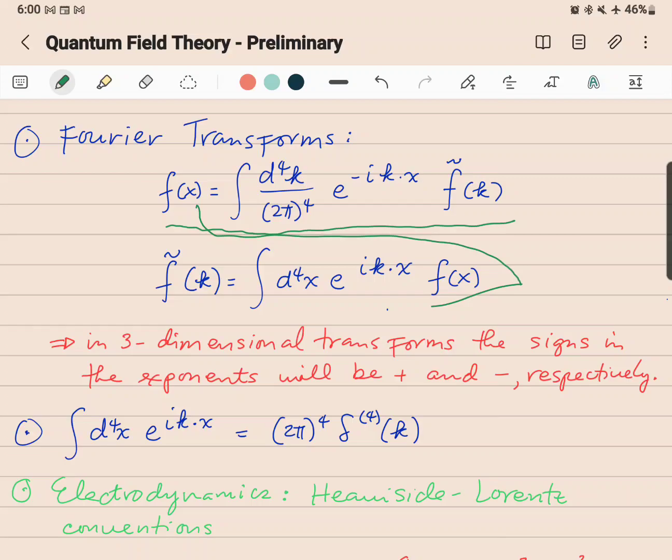So it's just a matter of the right usage. In three-dimensional transforms, the sign in the exponent will be positive and negative respectively. This is in the fourth dimension.